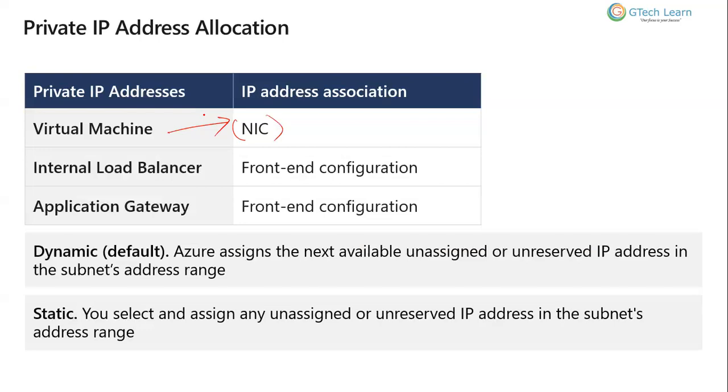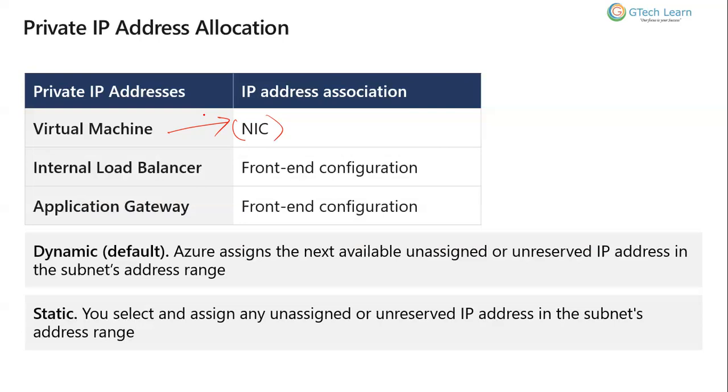If we are implementing the internal load balancer, for the front end configuration of that internal load balancer, where we are balancing the load of the traffic inside the virtual network, we can allocate the private IP address on the front end configuration. Then, if we are implementing the application gateway, for the front end configuration, we can go ahead and allocate the private IP address.